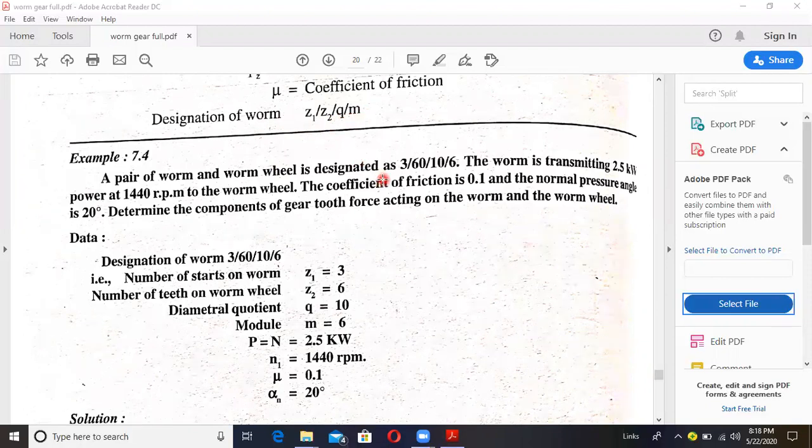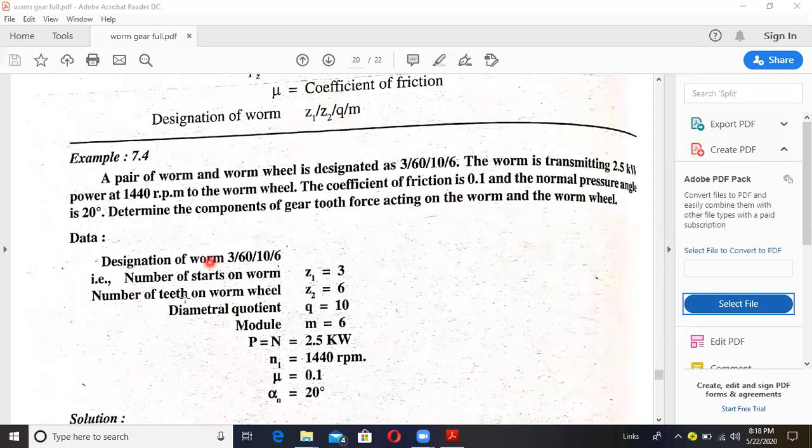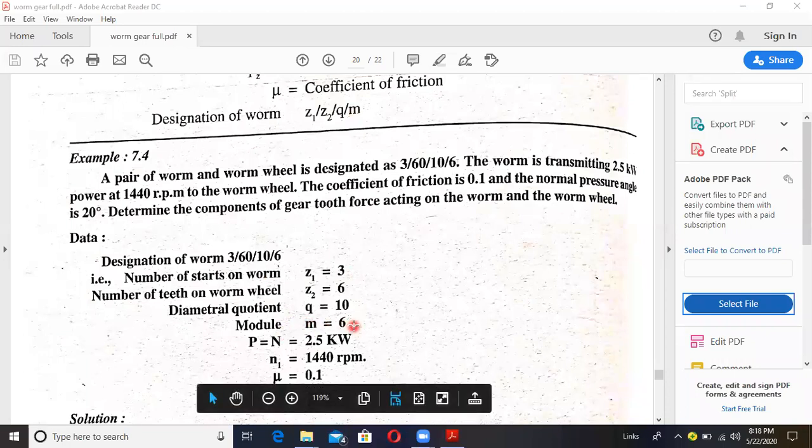So 3 is Z1, number of starts on the worm, Z1 is equal to 3. 60 is Z2, number of teeth on the worm wheel, Z2 is equal to 60. Third term is q, the diametrical quotient, equal to 10, and the fourth term is module m equal to 6.